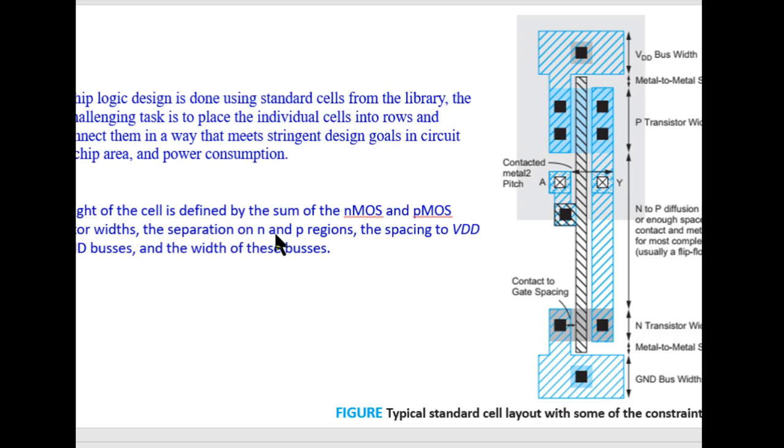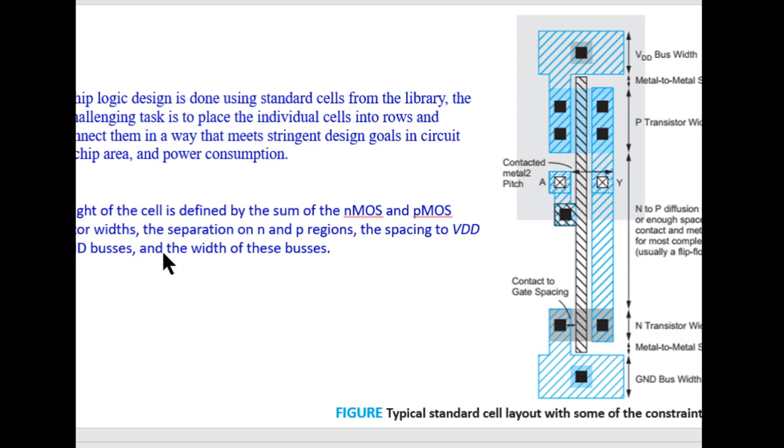Then the separation of N and P regions. I think this is the separation between P and N, so this particular separation represents this particular parameter.